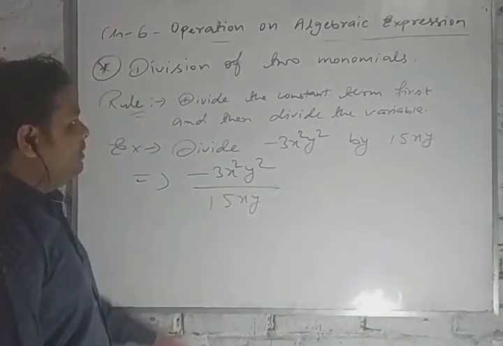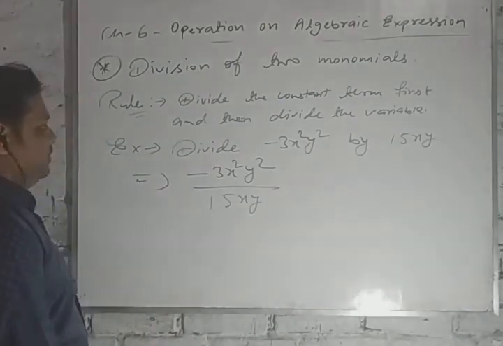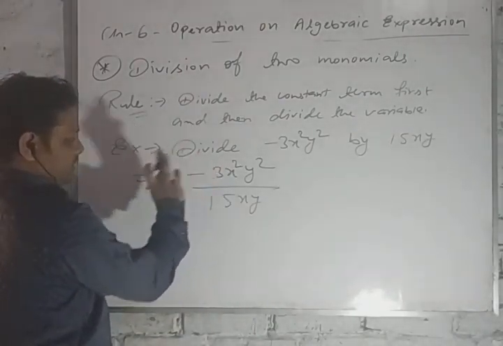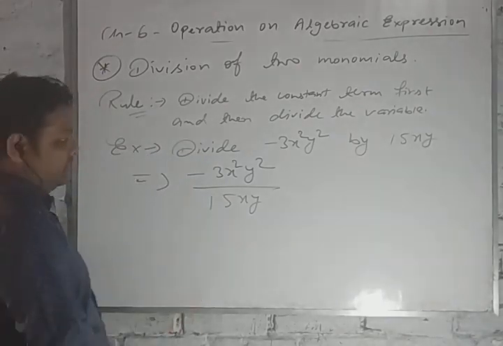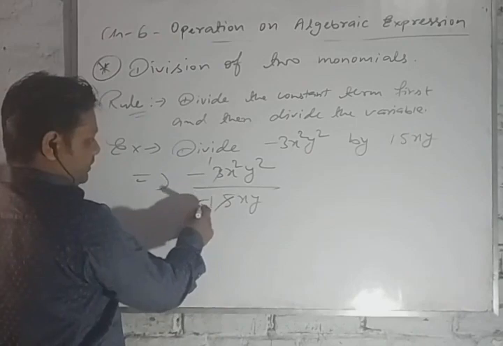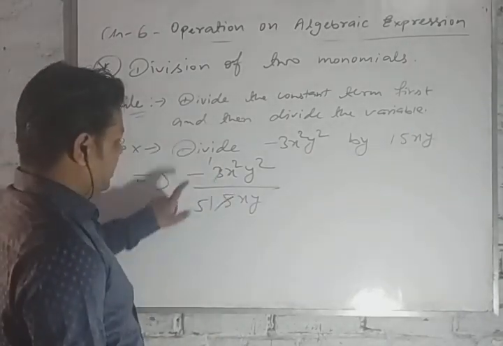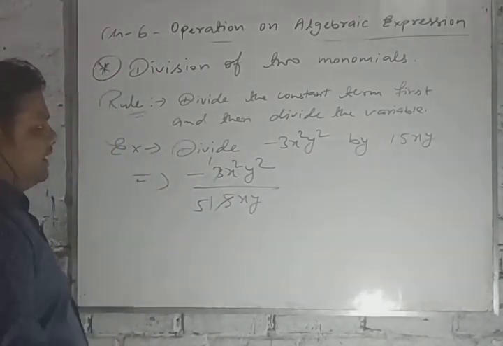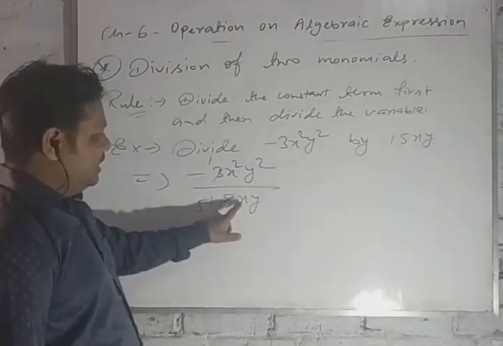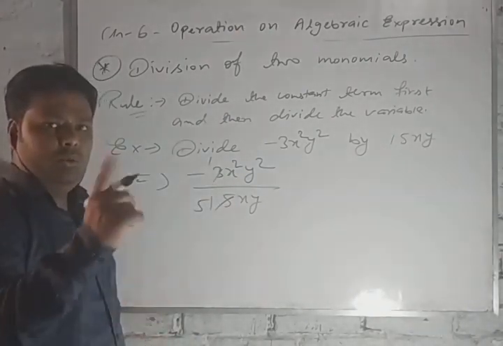At first, what is the rule? That divide the constant term. Here 3, leave the minus sign there. Now 3 and 15: 3 ones are 3 and 3 fives are 15. Now done, constant term done. Then divide the variable. Here you can see x to the power 2, and here it is only 1x.